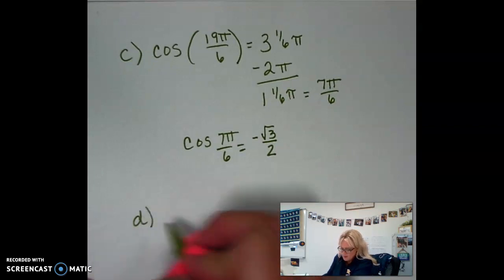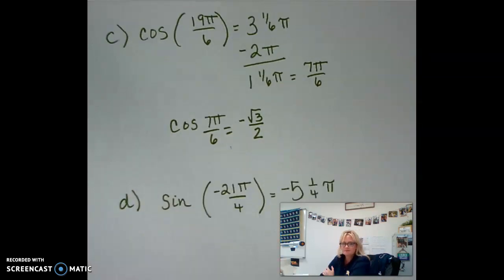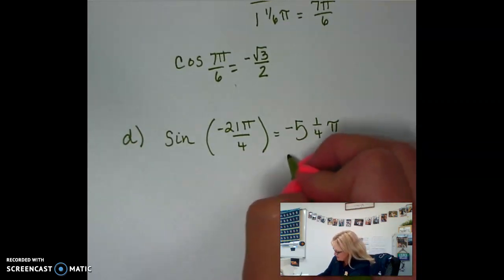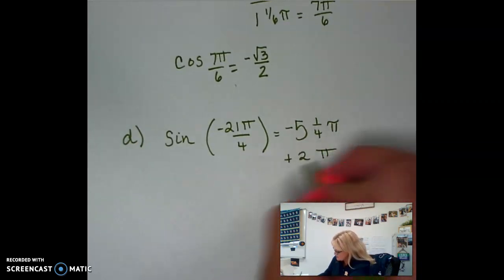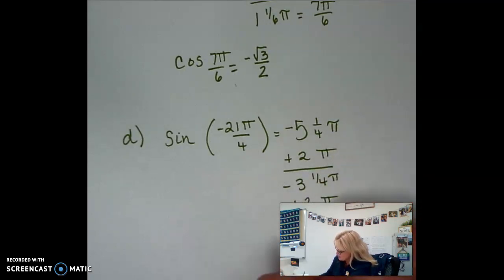Try one more on your own. Find the sine of negative 21 pi over 4. Negative 21 pi over 4 is the same as negative 5 and 1/4 pi. I'm going to have to add 2 pi, but that still keeps me negative. If I add another 2 pi, that still keeps me negative.